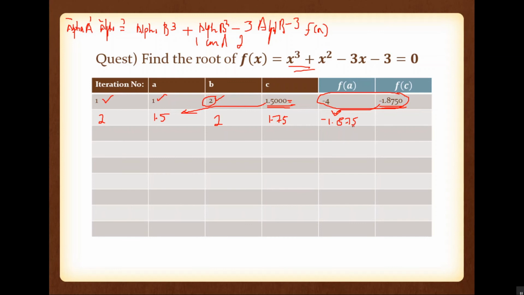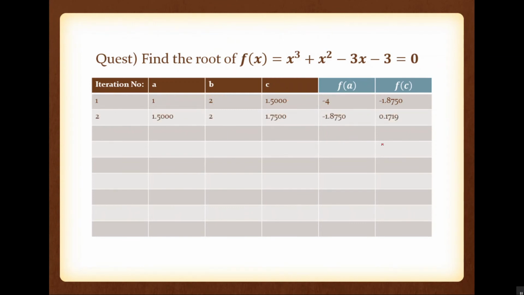So now what is f of c? Now c is 1.75, so f of c is 0.1719. This is the new f of c. Okay, so now we are going to start the third iteration. What do we have to replace, a or b?